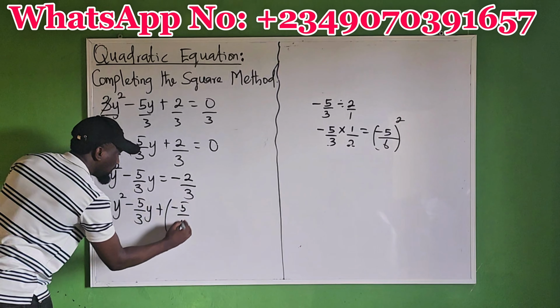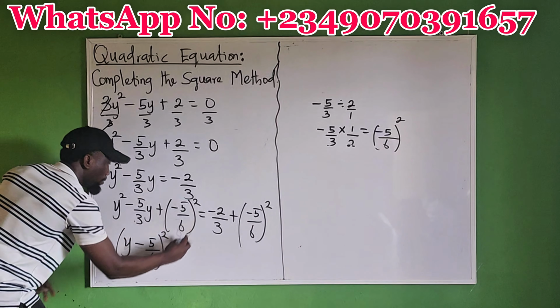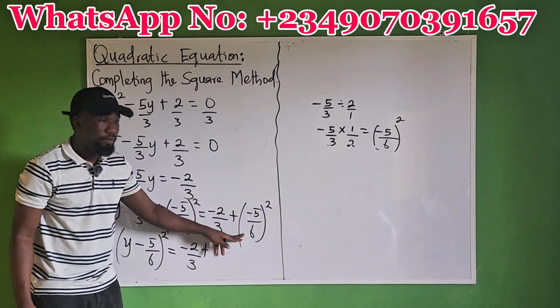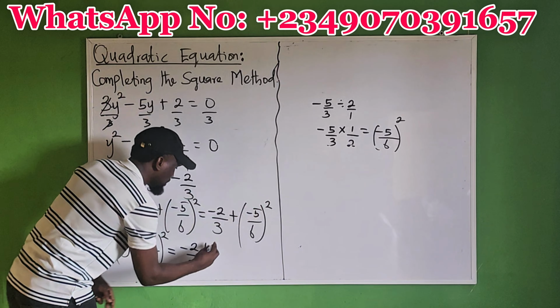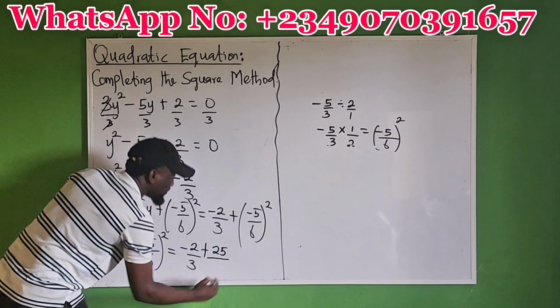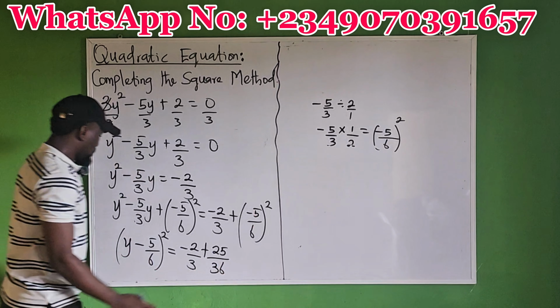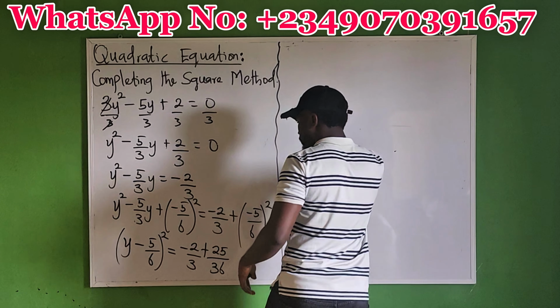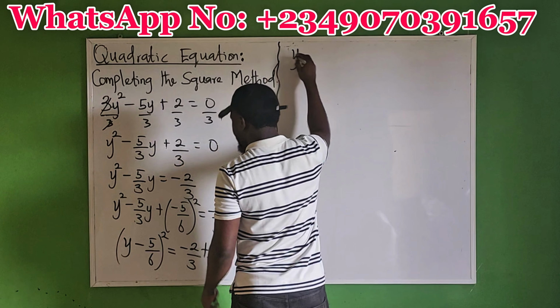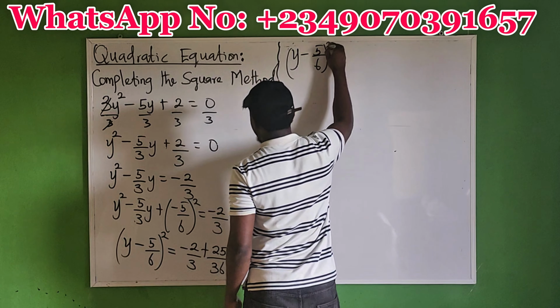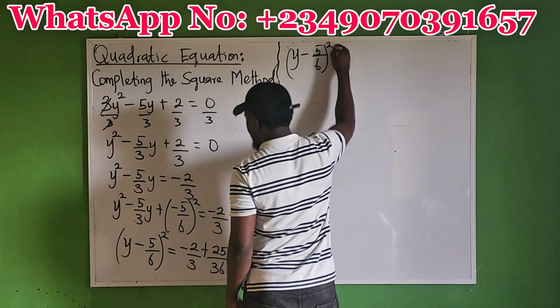So we have y minus 5 over 6, both squared, is equal to minus 2 over 3 plus, let's find the value here. Minus 5 squared is 25, divided by 6 squared, which is 36. So we have y minus 5 over 6 all squared is equal to, let's find the LCM.